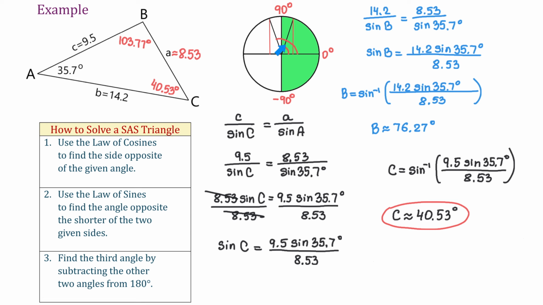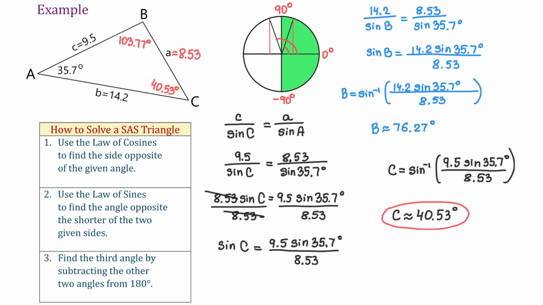This angle is the angle of 76.27 degrees, and as you see, it is an angle in quadrant 1, but this angle measures 103.77 degrees and is an angle in quadrant 2. Both these angles have the same value of sine. That is, sine of 76.27 degrees is the same as sine of 103.77 degrees. Then out of these two angles, because of the range restriction, the calculator will display this angle.